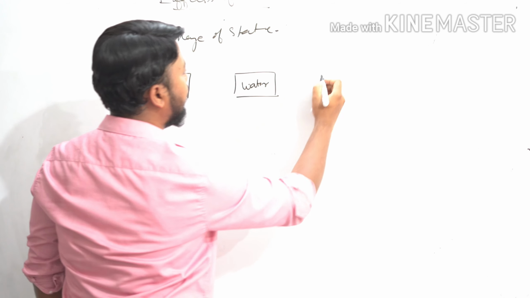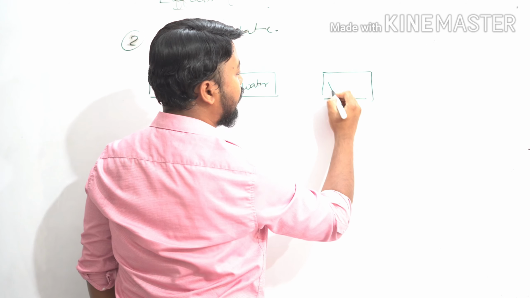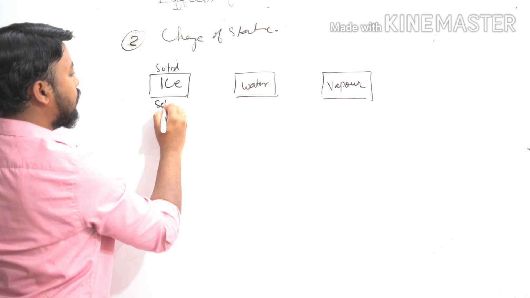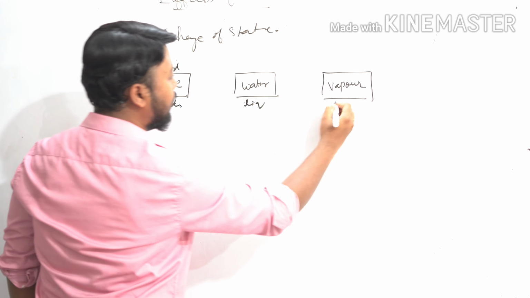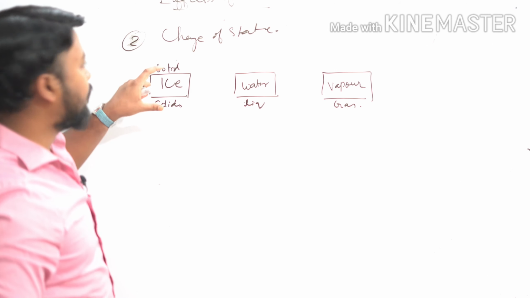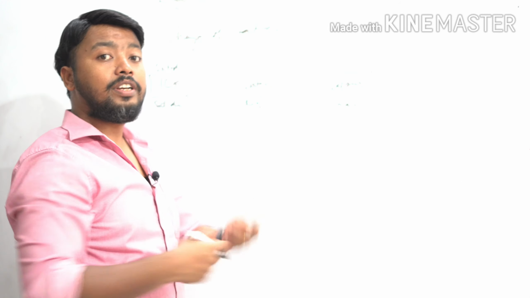You heat it again, this water will boil and it will form what? Vapor. So these are the different states of matter: solids, liquids and gas. This is the second effect of heat. If you heat something, it can undergo a change in its state. Now how does it happen?